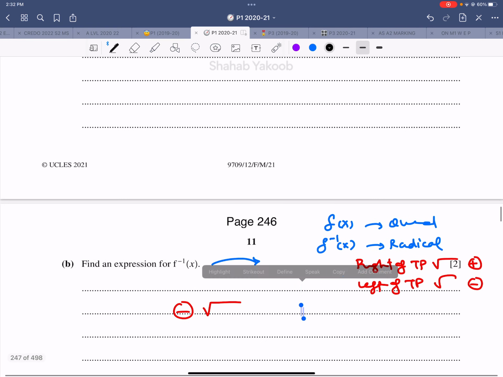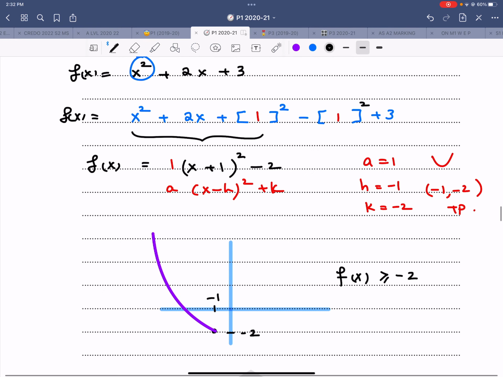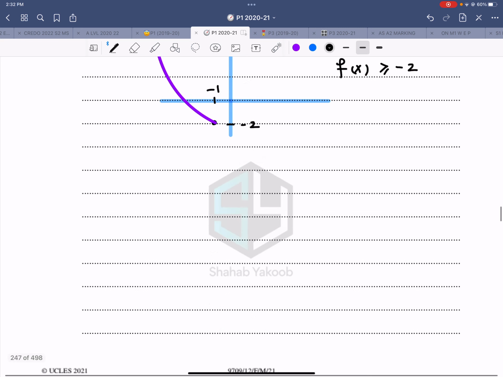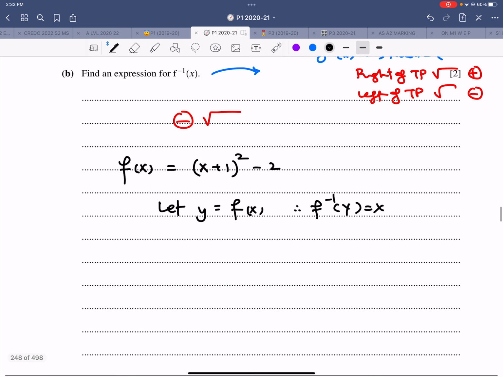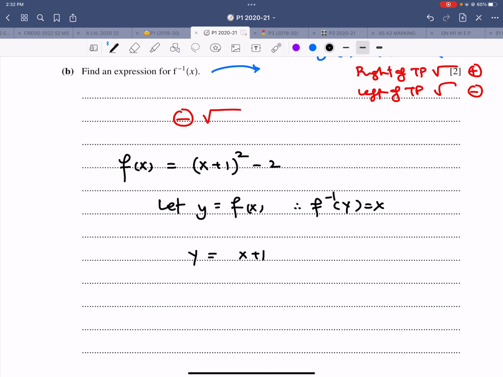Expression for f inverse. We will use the completed square form. f(x) is (x plus 1) whole square minus 2. Let y equal f(x). Therefore, f inverse of y equals x. Therefore, y equals (x plus 1) whole square minus 2. Square root of (y plus 2) equals x plus 1.